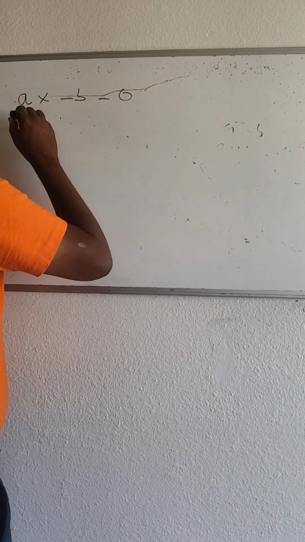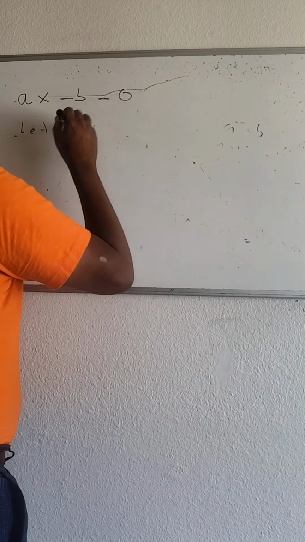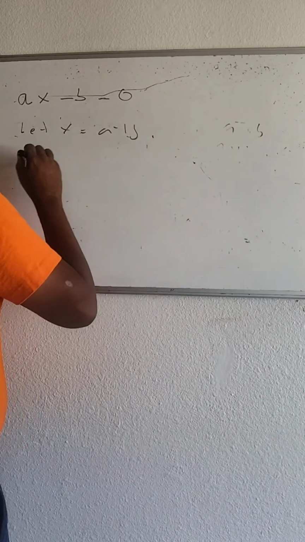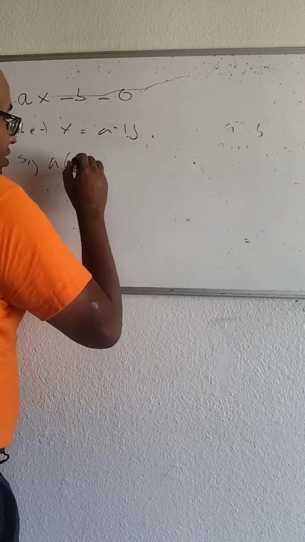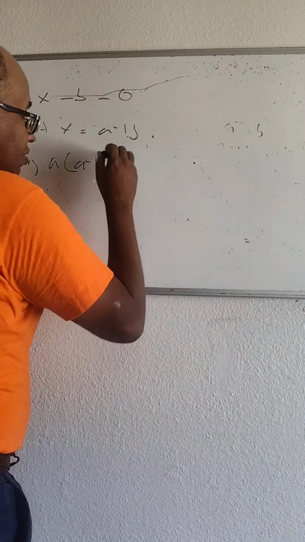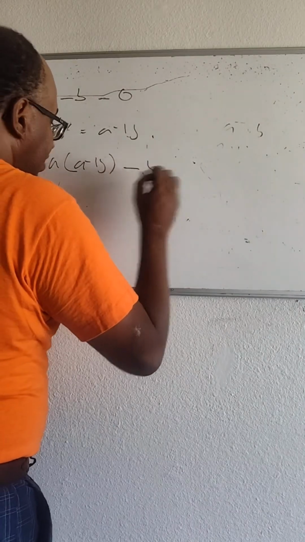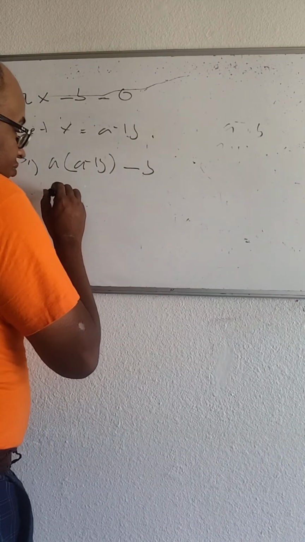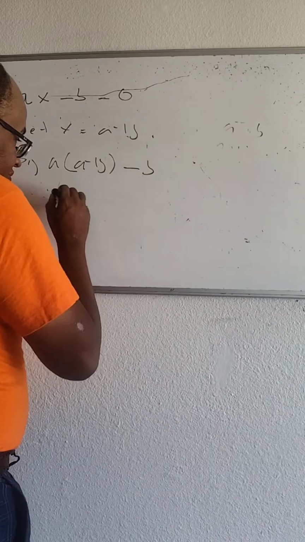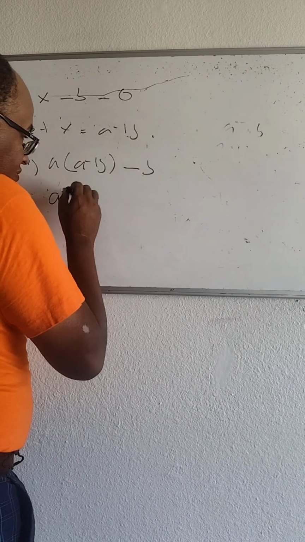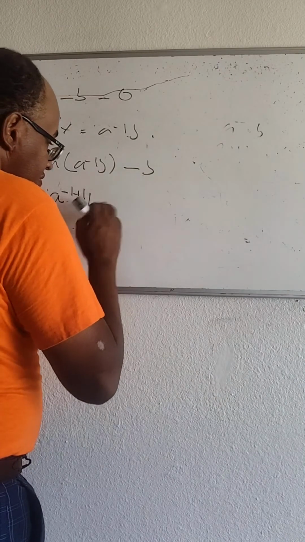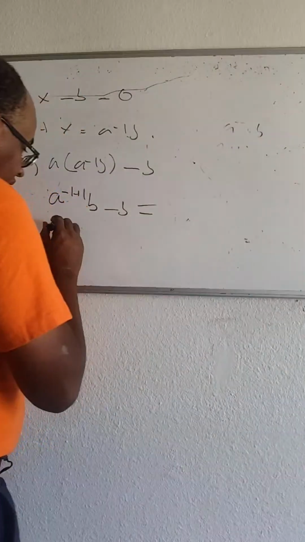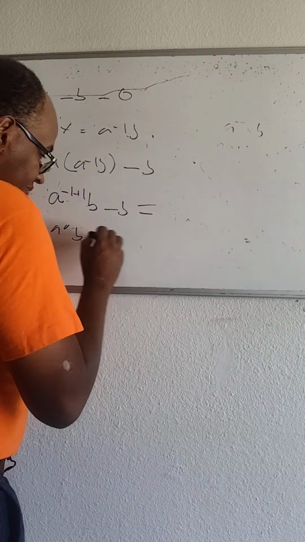So I'm going to say let x equal a to the negative 1 b, period. So a times a to the negative 1 b, minus b. All right. Okay, a a to the negative 1, b minus b.